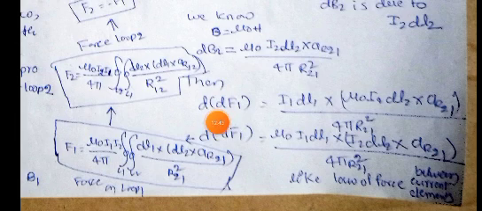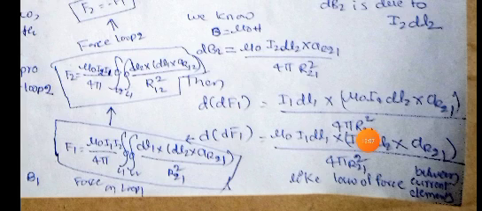So d2F1 is equal to I1 dL1 cross, and this entire term is dB2. This whole term is substituted here: mu naught I2 dL2 cross aR21 by 4 pi R21 square.